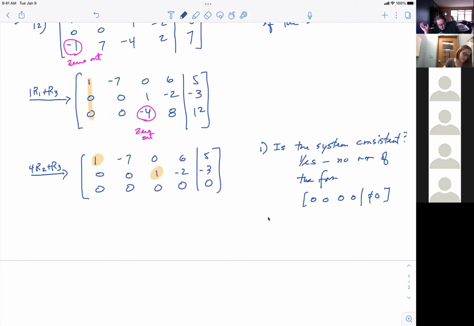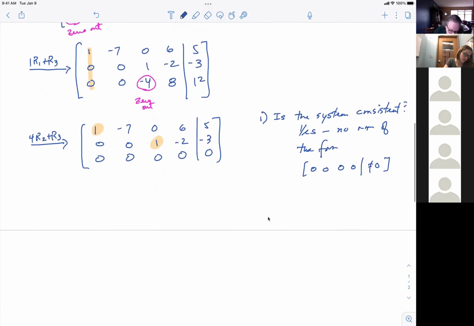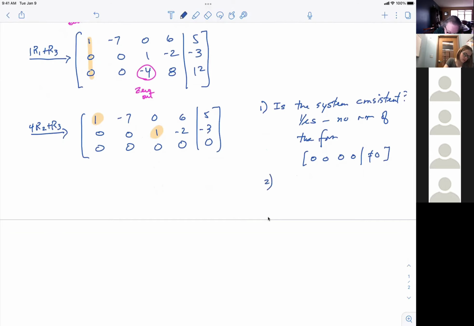Okay, so we know the system is consistent. Yes, it is. And then the next question is unique solution or infinite. And the answer, I don't think we specifically talked about how you answer this. So let's talk about that just a little bit. Once you get your matrix in echelon form, we separate the columns into two types.